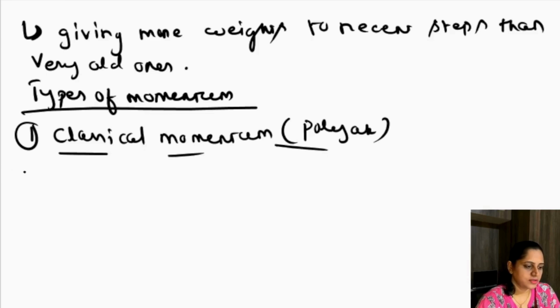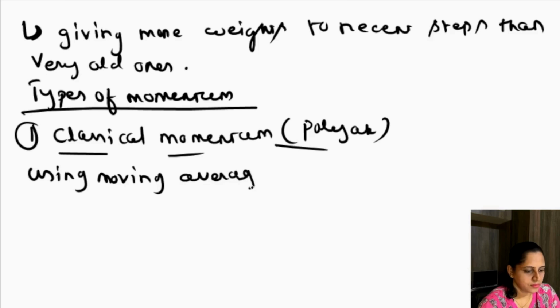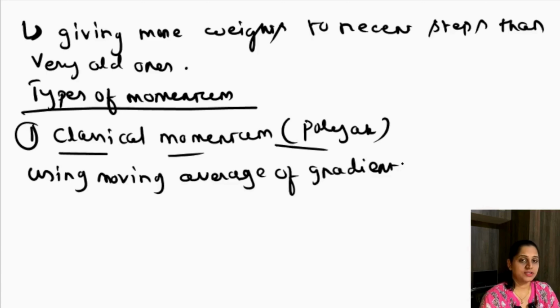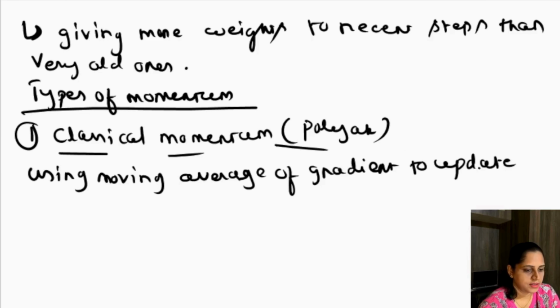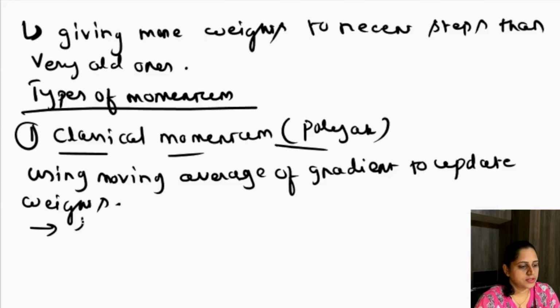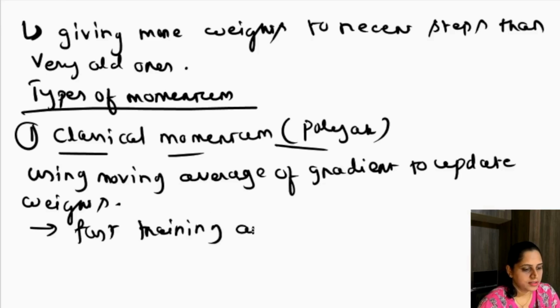What it does, so we all know that it uses exponentially weighted average, or it takes the moving average of gradients from your past gradients to update weights. So with this, we are achieving fast training and it avoids local minima.